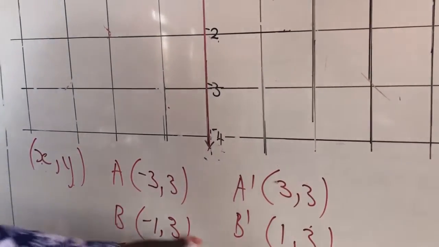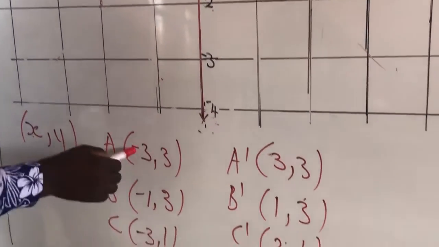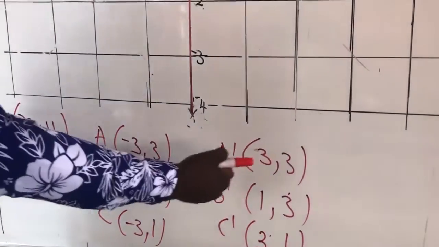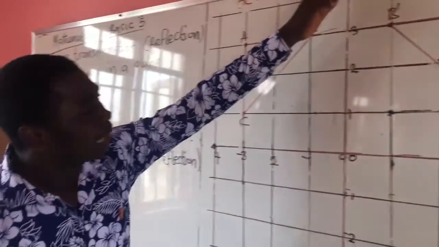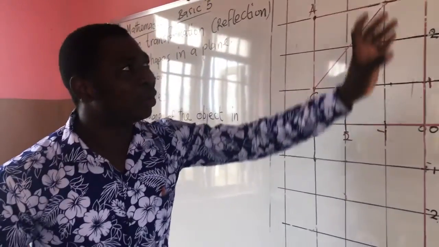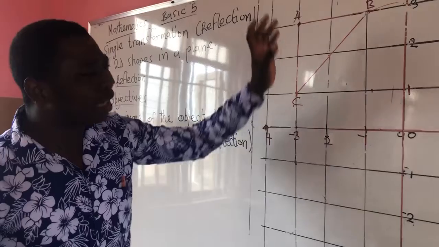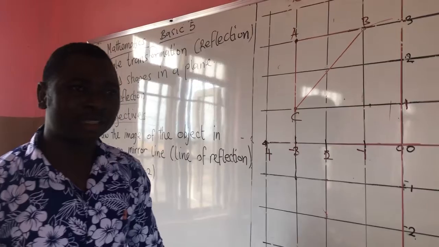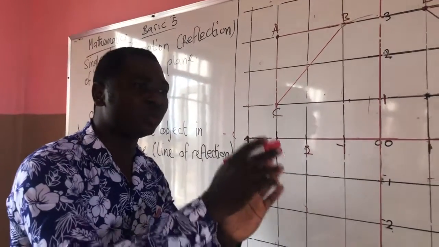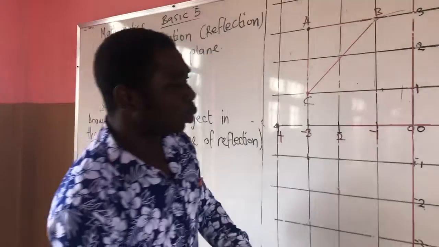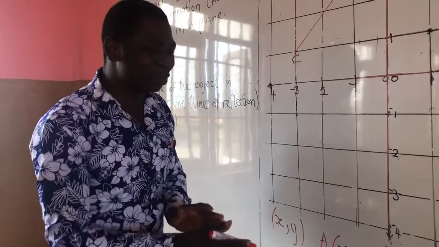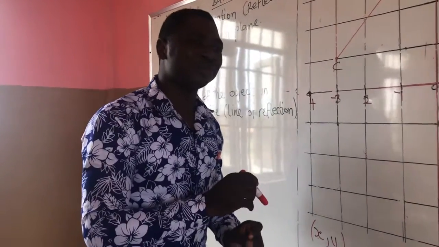So the x values are changing, the negative sign is affecting it on the left-hand side, but on this side it's positive. Good. So when you use the mirror line, the y-axis, when there is a negative affecting x, the negative will not affect it when you are transferring it to the other side. You understand?